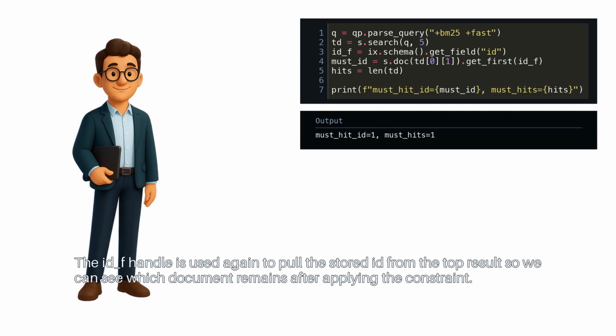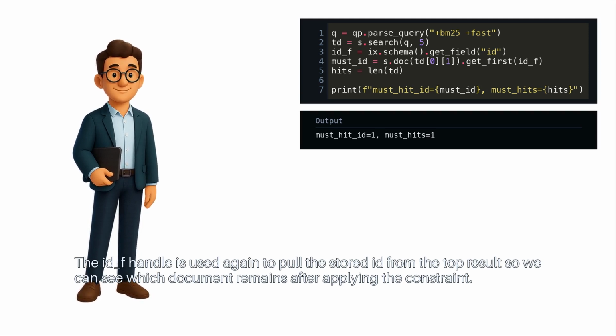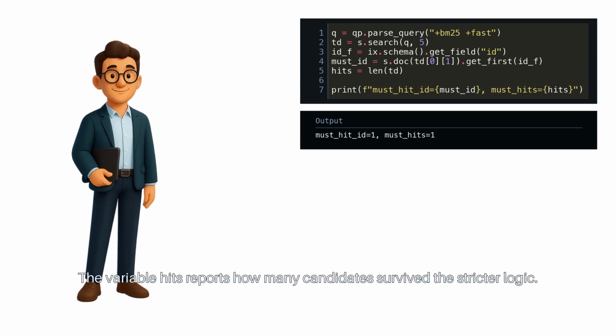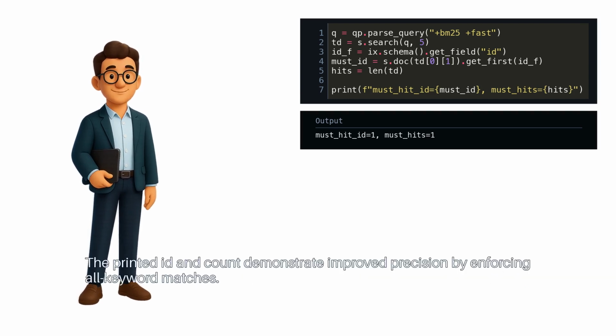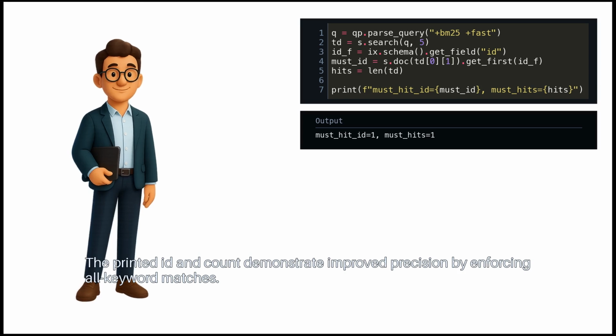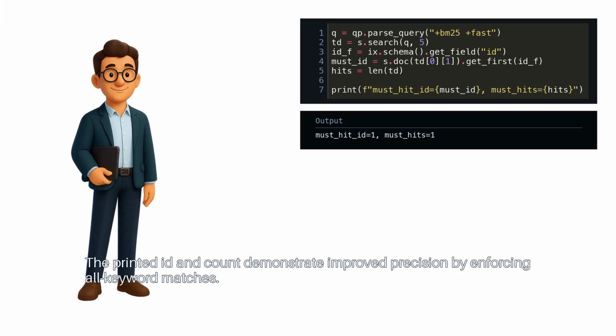The IDF handle is used again to pull the stored ID from the top result, so we can see which document remains after applying the constraint. The variable hits reports how many candidates survive the stricter logic. The printed ID and count demonstrate improved precision by enforcing all keyword matches.